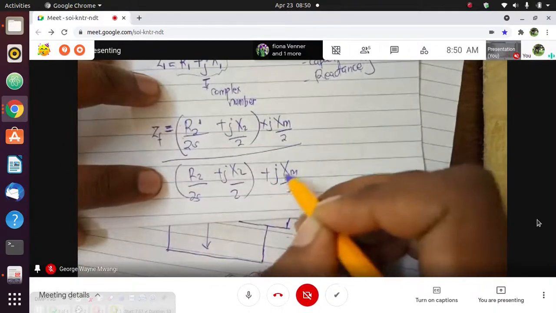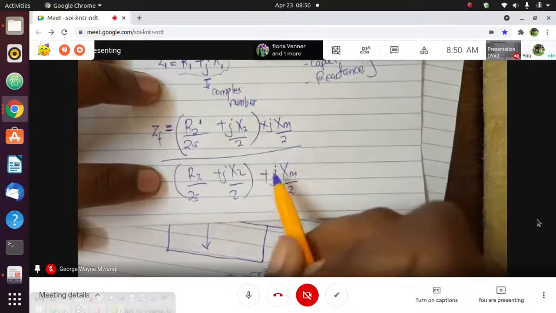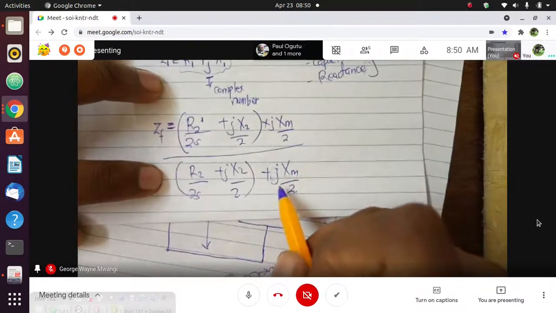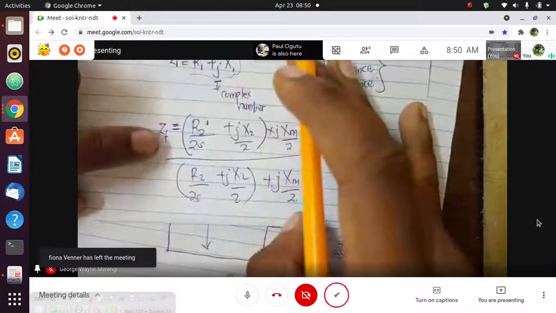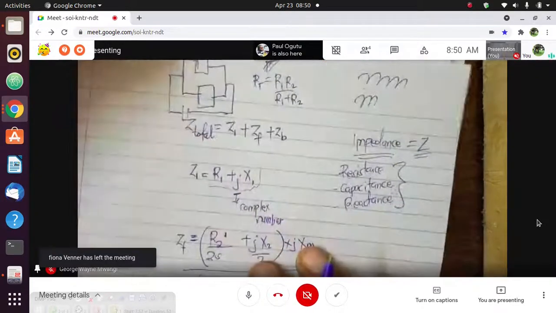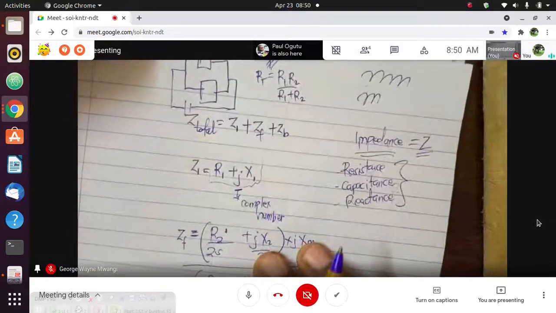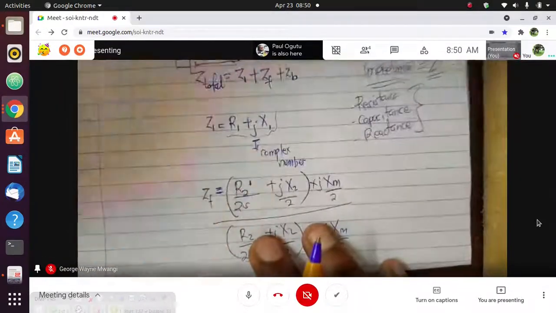When we are dealing with the reactances, we always add the j to indicate that it is a complex value. Now this is the impedance in the rotor circuit due to the forward moving flux.